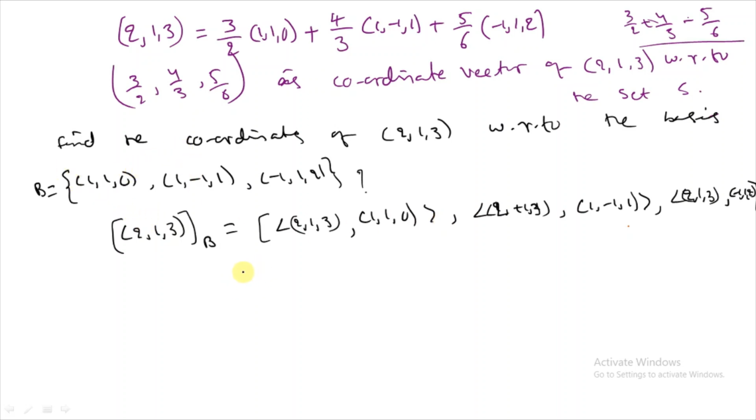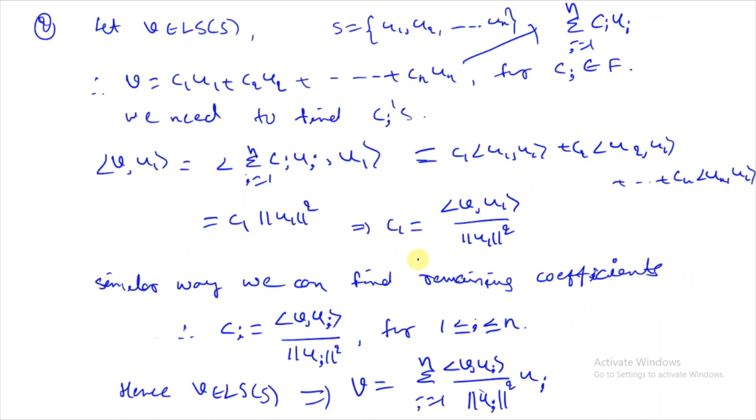The basis is that one. So now you get 3 by 2, 4 by 3, 5 by 6. You can use transpose for each one. It doesn't matter whether you write the vector row wise or column wise, both are the same. So now we'll see another, the third one.